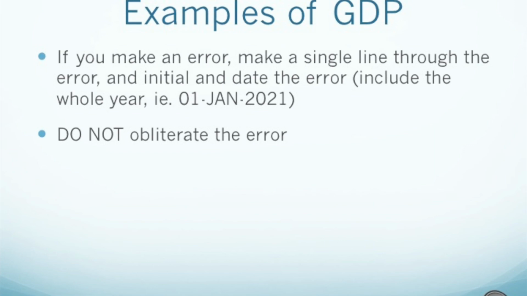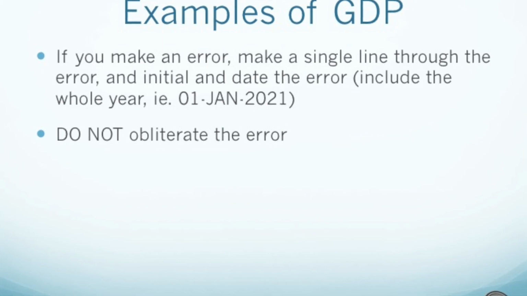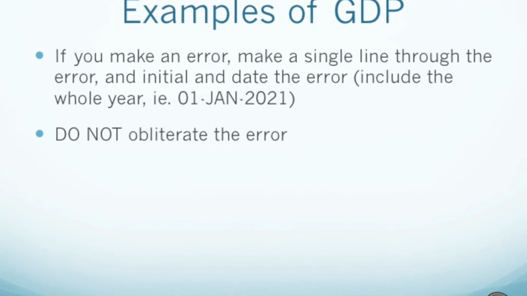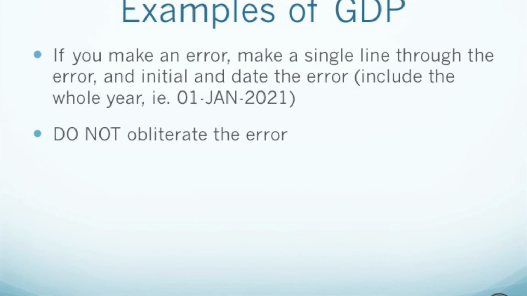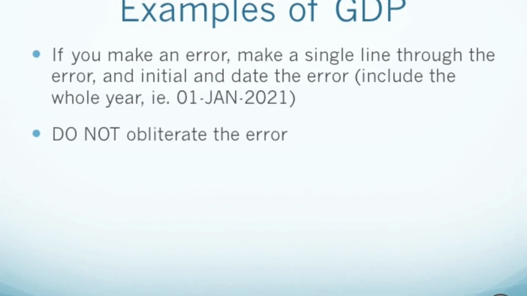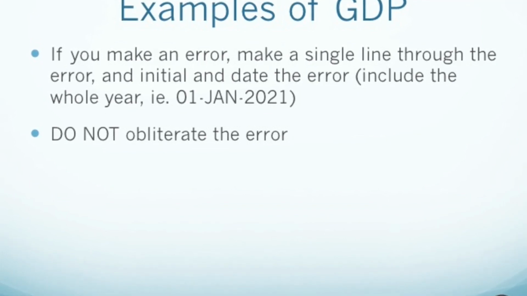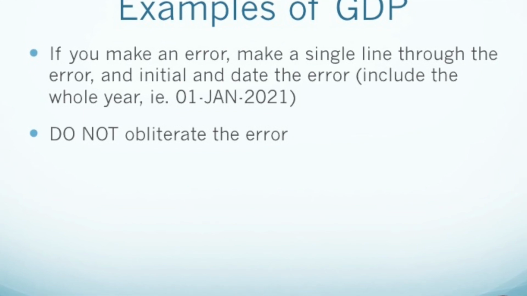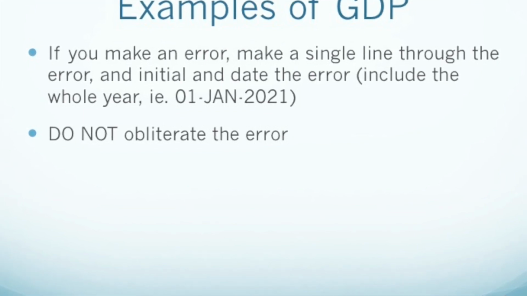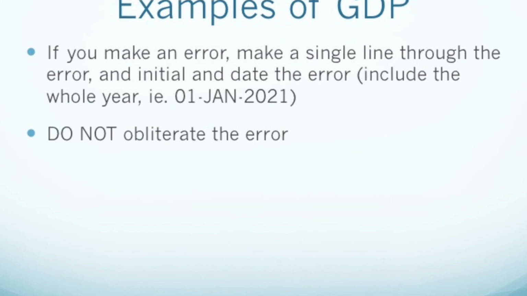All right, so now I want to discuss some examples of good clinical documentation. So if you make an error, make a single line through the error and initial and date the error. I also want to mention that you need to include the whole year. So write 01 Jan 2021, not just 01 Jan 21.